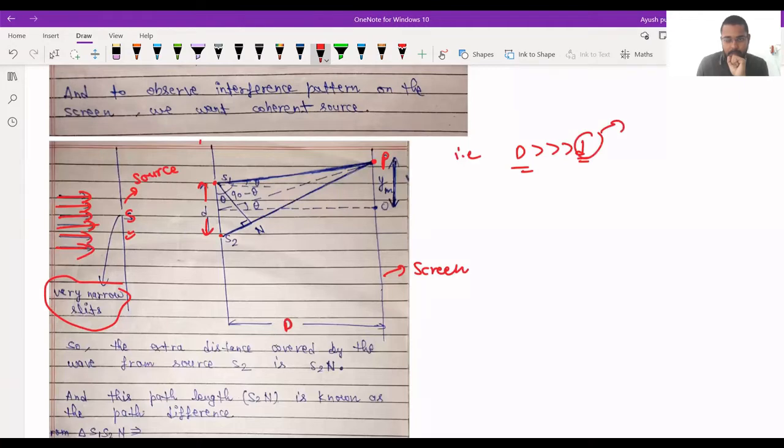This small d, which is the distance between the two slits, should be very small, and the distance between the slits and the screen should be very large. If we are assuming this, then what will happen?